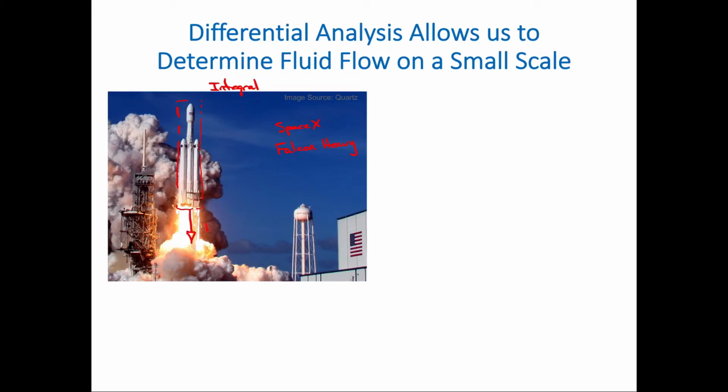And we have all of this exhaust pouring out the bottom, all of this mass and momentum that's getting shot down. And in the opposite direction, we end up having a force of thrust that pushes the rocket into the sky. Now, in the integral analysis, we really just care about the macro scale, right? Just the amount of mass and momentum that crosses the control surface and what's happening inside of the control volume.